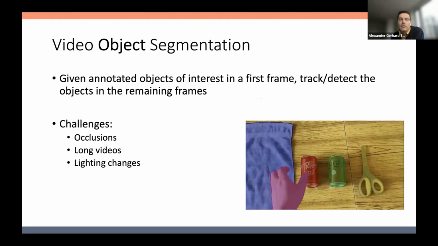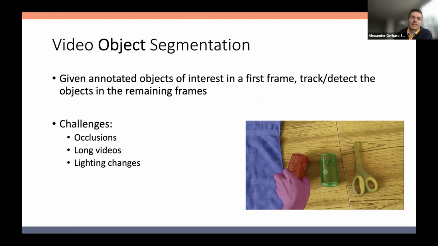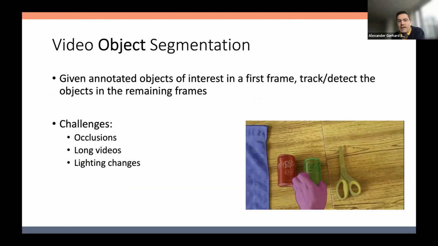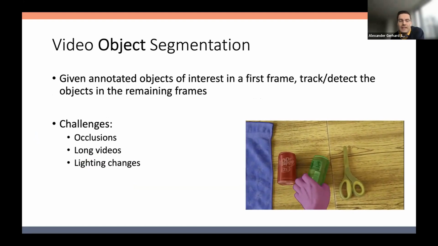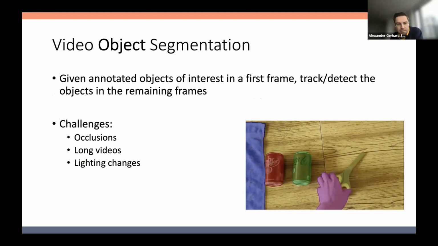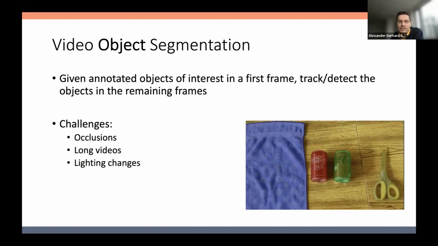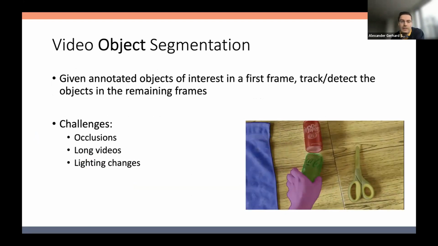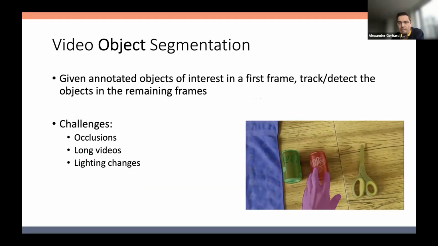So essentially the task becomes, given an annotated object of interest in a first frame, track and detect these objects in the remaining frames. Obviously, this sounds somewhat simple, but there are a lot of challenges, right? Occlusions, videos should be arbitrarily long, lighting might change.